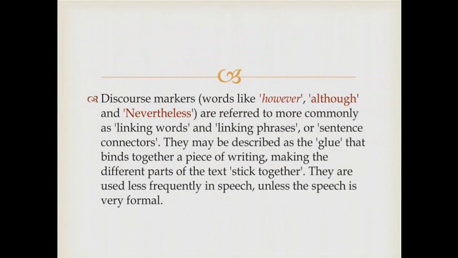Discourse markers, words like however, also, and nevertheless, are referred to more commonly as linking words and linking phrases or sentence connectors. They may be described as a glue that binds together a piece of writing, making the different parts of the text stick together. They are used less frequently in speech, unless the speech is very formal.